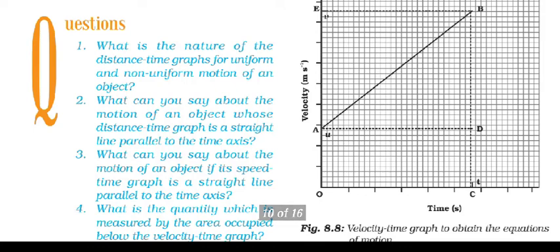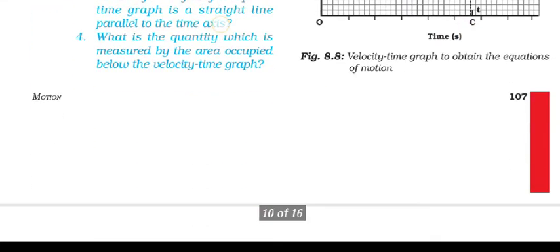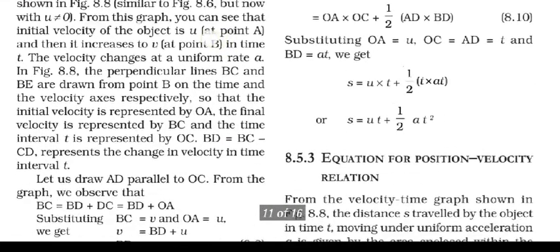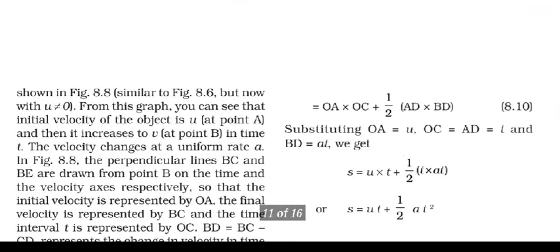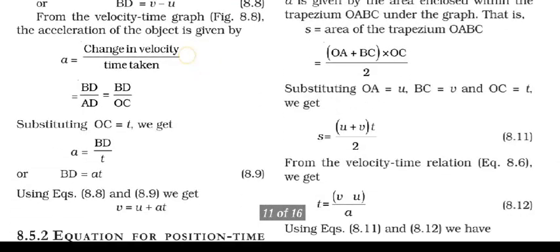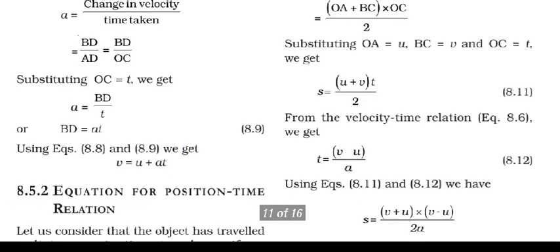Now we will move to our third equation of motion, the equation for the position-velocity relation. We can find the area of the trapezium, which is the sum of both the sides of the trapezium, the shorter and the longer, into the base, upon 2.